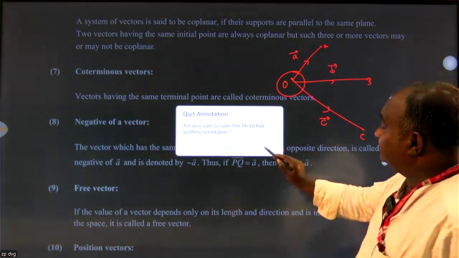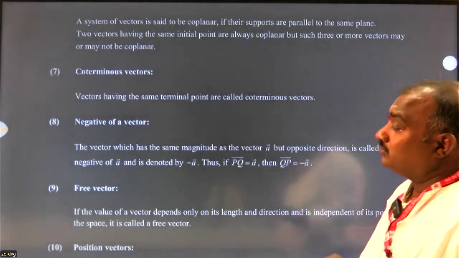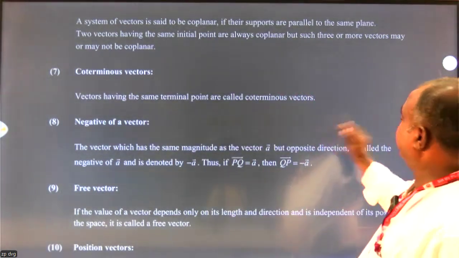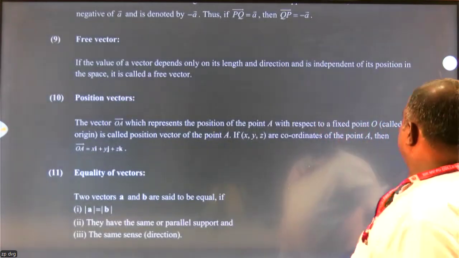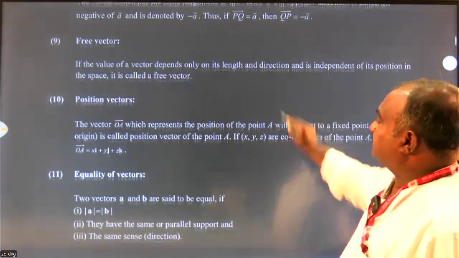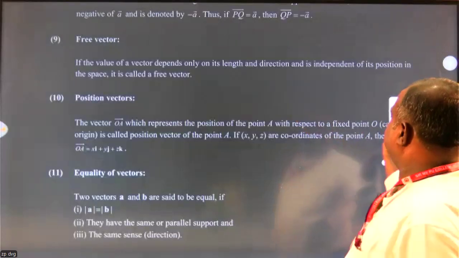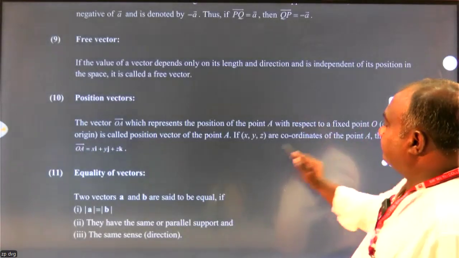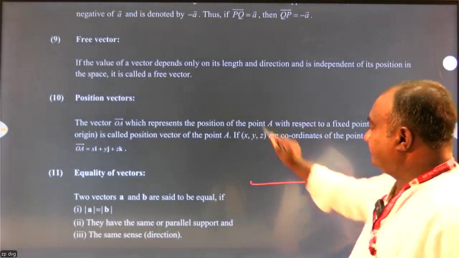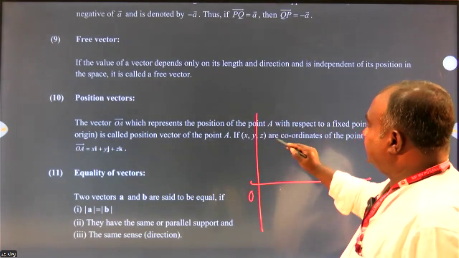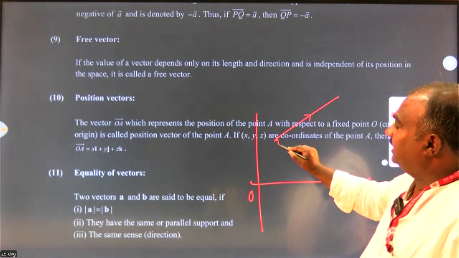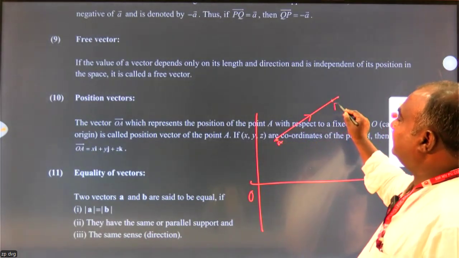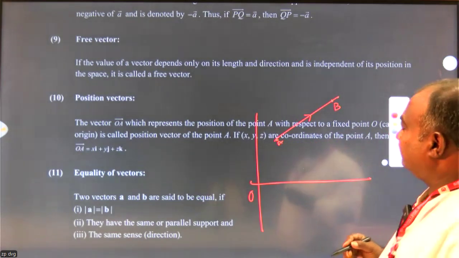And what is the free vector and what is the position vector? For example, in the space, if you have taken a vector with points A and B, this is called a free vector.